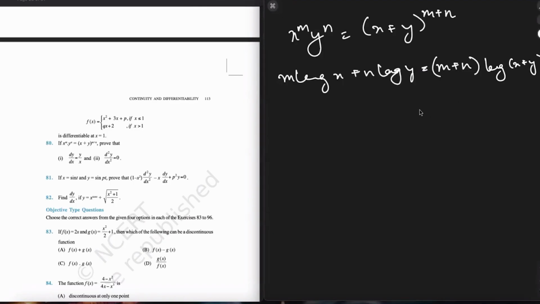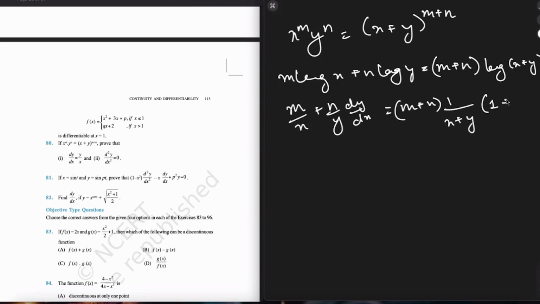Now differentiating both sides, it will be m upon x plus n upon y dy by dx, and this will be equal to (m plus n) into 1 upon (x plus y) into (1 plus dy by dx).